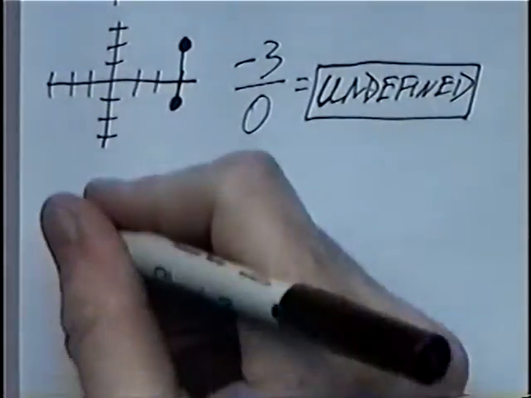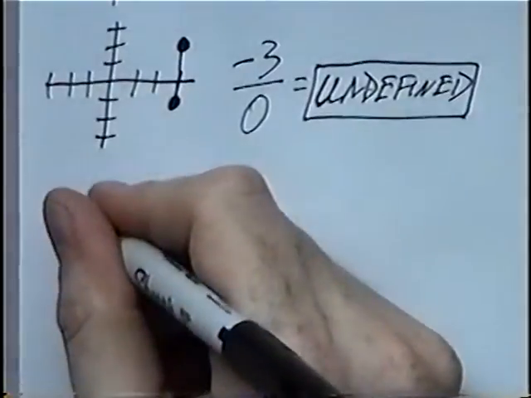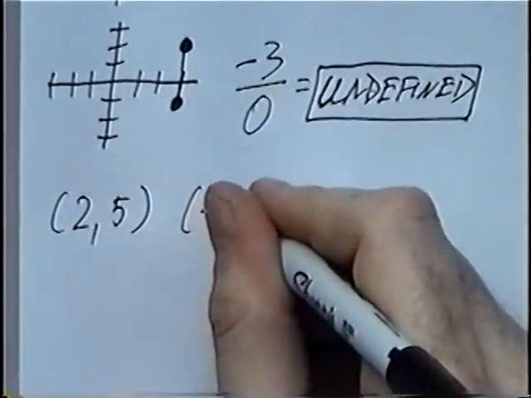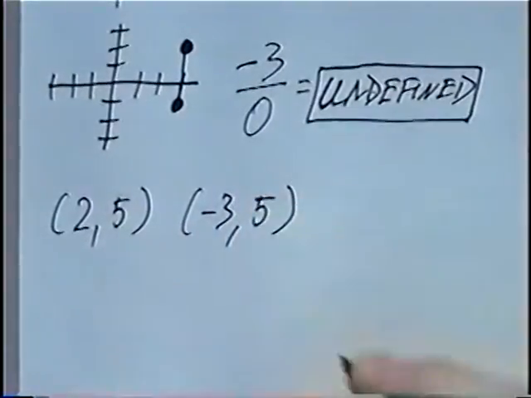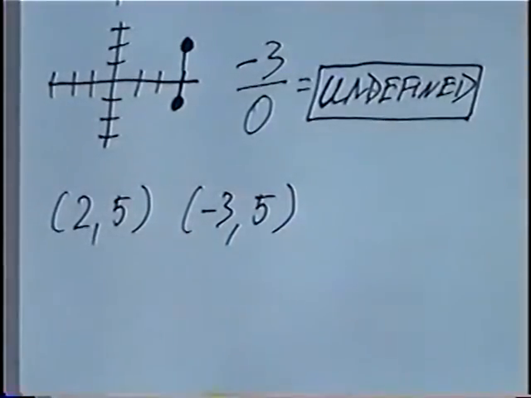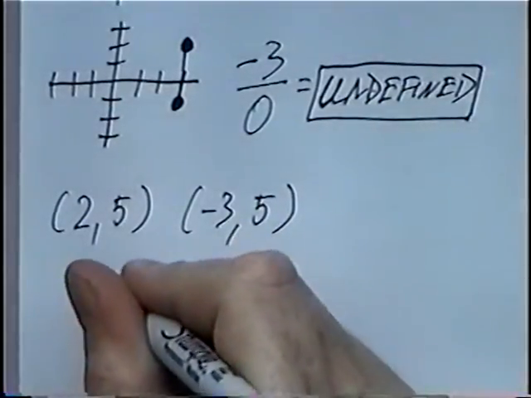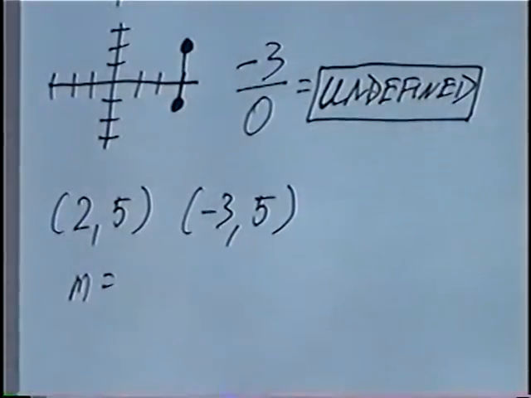Third question, we have 2 points, 2, 5, and also -3, 5. In this problem, if we have 2 points, we can use the equation rather than the graph to find the slope.